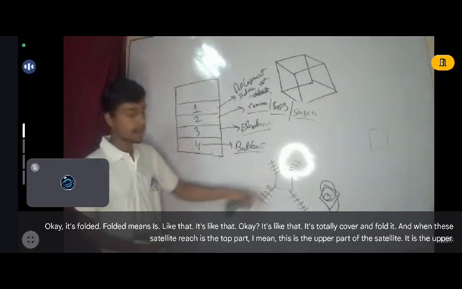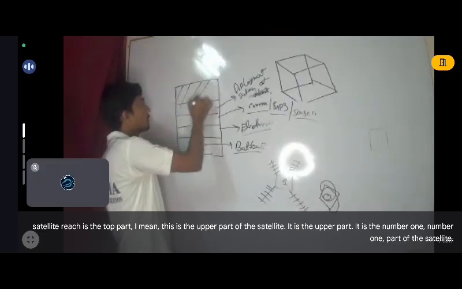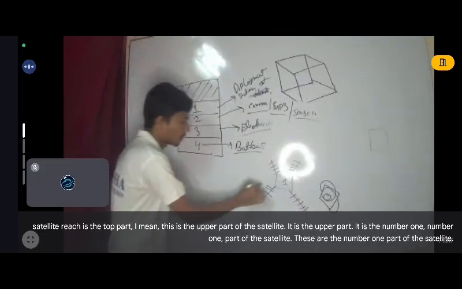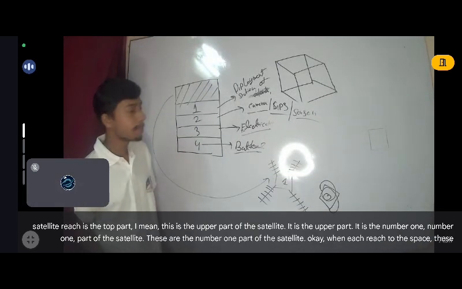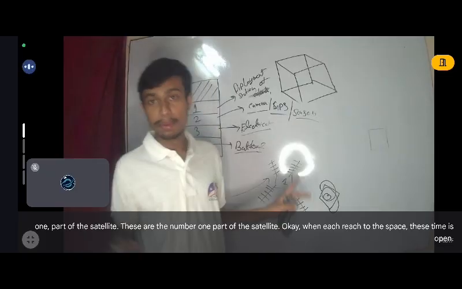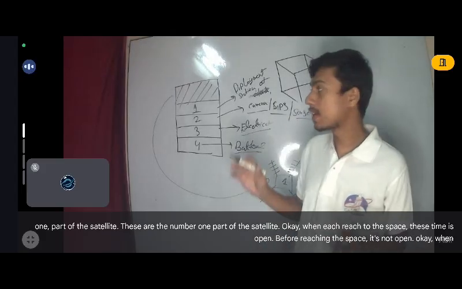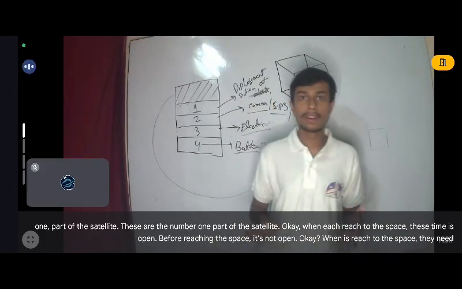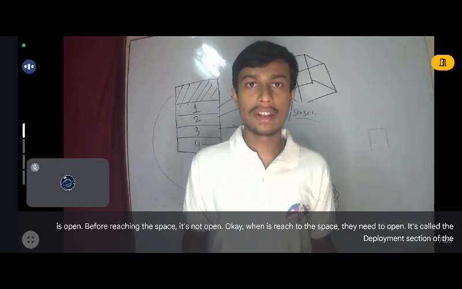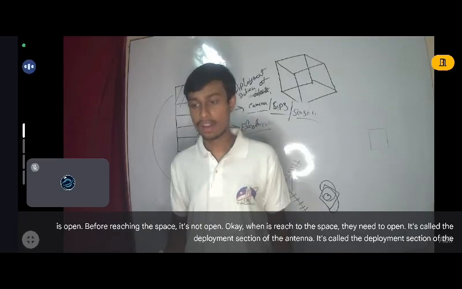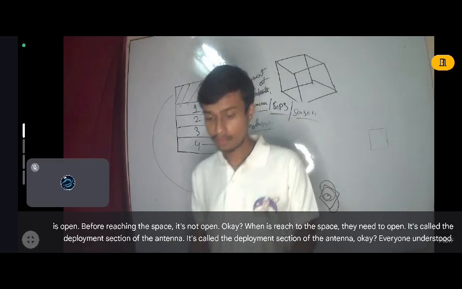It is the number one part of the satellite. When it reaches space, at this time it opens. Before reaching space, it's not open. When it reaches space, then it opens. It's called the deployment section of the antenna. Okay. Everyone understood?